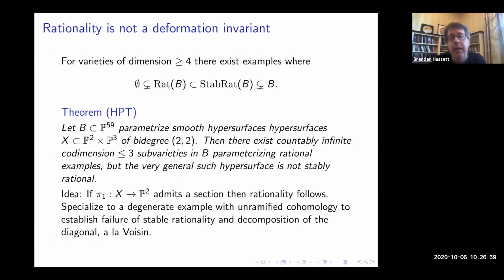I will come back to this. I know examples like this for cubic hypersurfaces, and I wouldn't be surprised if there are examples in this context, but I don't have a specific one in mind. If I were a betting man, I would put money that there are cases where they're non-trivial representatives.